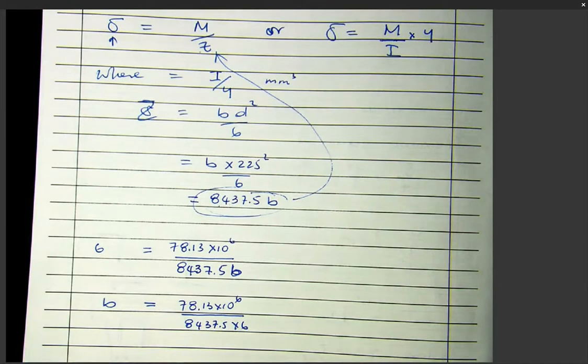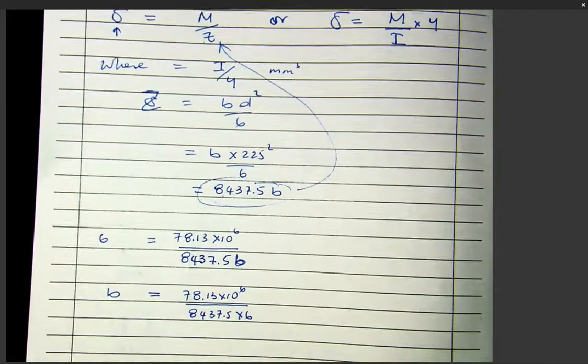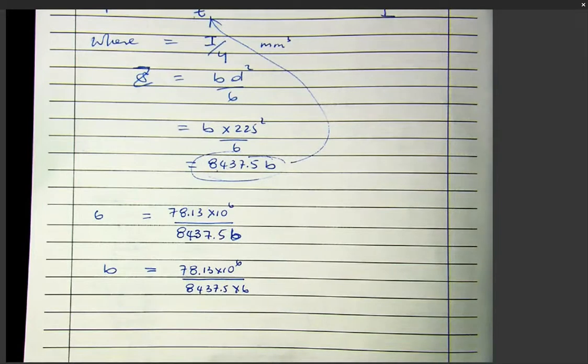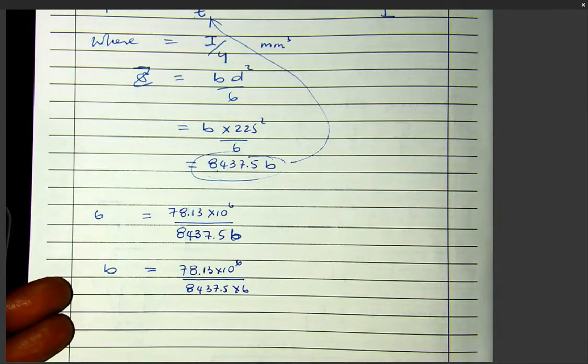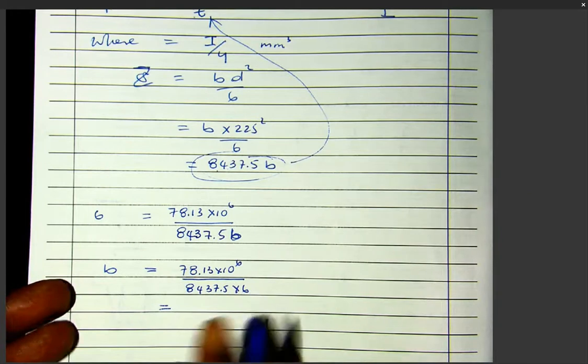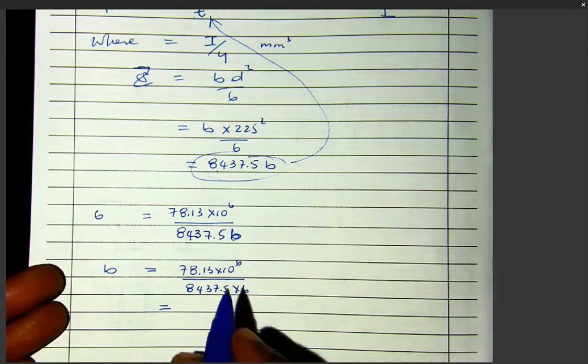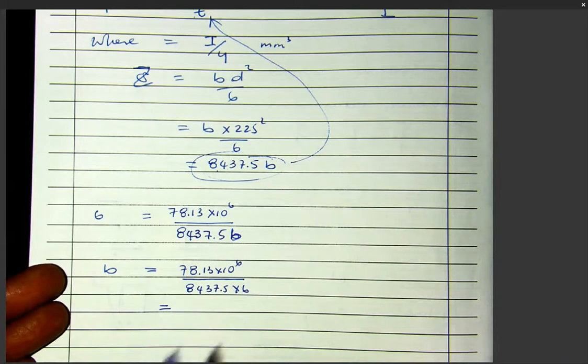Let's see if we're going to get a meaningful answer, because that's very important, guys. In terms of structures, you don't just accept the answer. The answer must be meaningful to you. 78.13 times 10 to the power 6 divided by 8437.5 times 6. Something is not right. To me, this answer doesn't make sense.